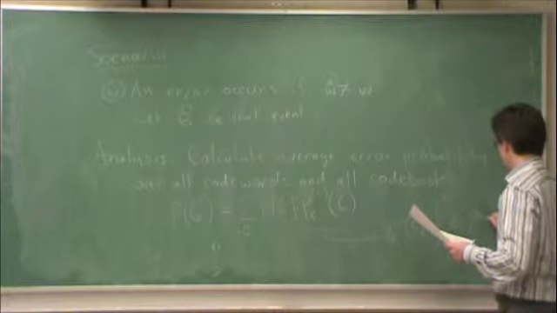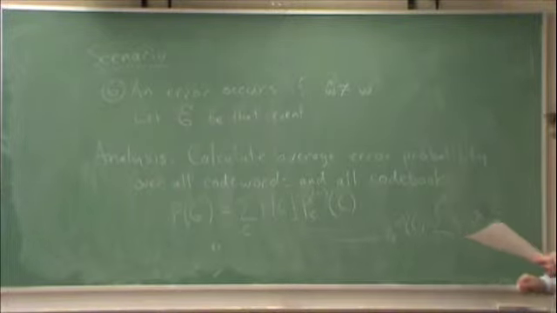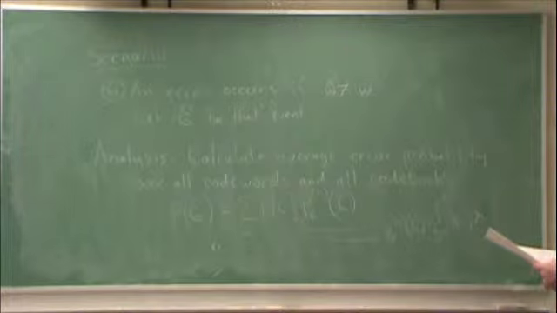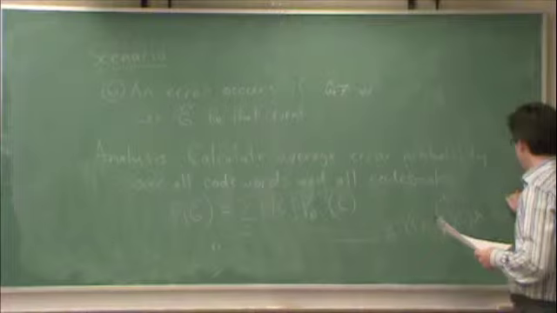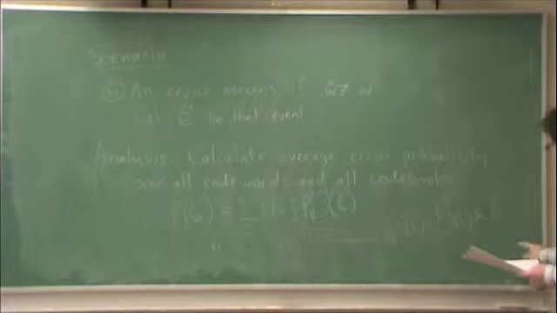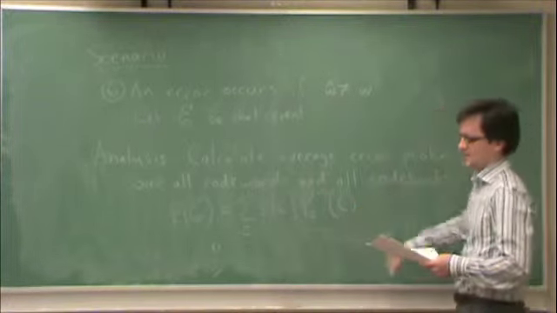That was lambda sub W, the probability of error for message W. I'm going to add bracket C here to emphasize the dependence on the particular code book C.